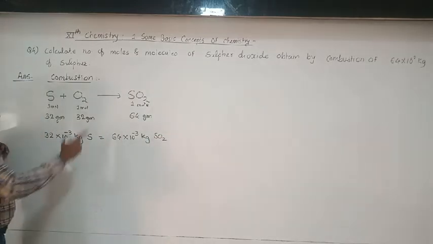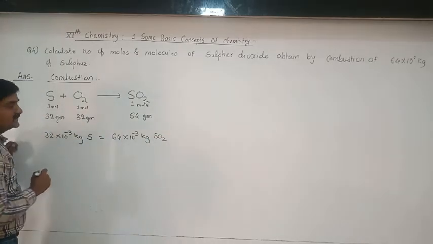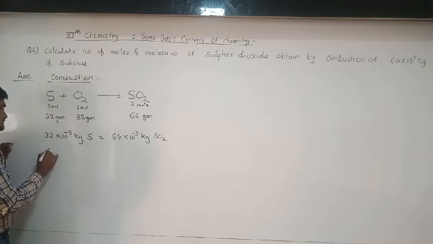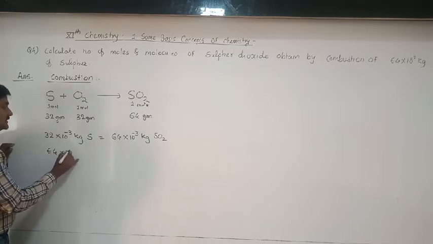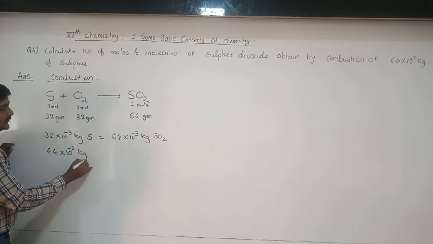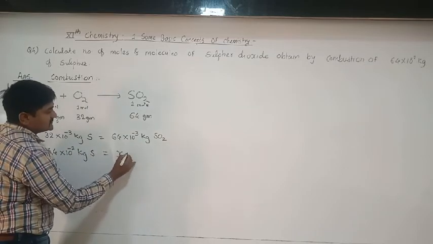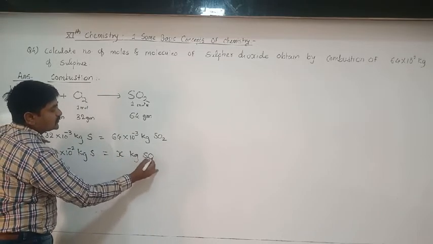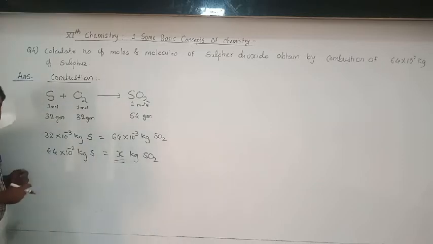Fine? Okay. Then what is my given weight of sulfur? Very simple, 6.4 into 10 raised to minus 2 kilogram of sulfur gives X kilogram of SO2. So calculate X now.